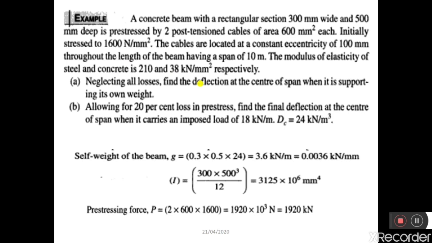And the second case is we should consider a loss of 20% in pre-stressing, and we should calculate the deflection at the center when the beam is subjected to a live load or imposed load of 18 kilonewton per meter. So these are the two conditions which we need to calculate. As I said, it is a beam with a straight cable. This is understood by reading the question.